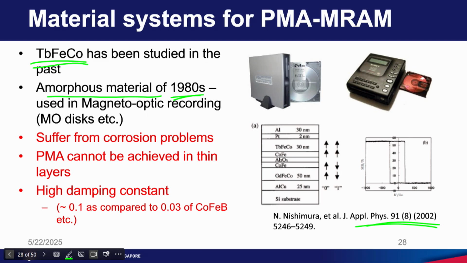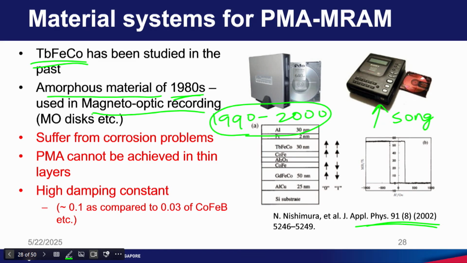Okay. So this recording technology was popular around 1990 to somewhere 2000. When I was doing postdoc, I used to carry this for playing songs. In those days we didn't have smartphones, so we needed to carry some device to play music.